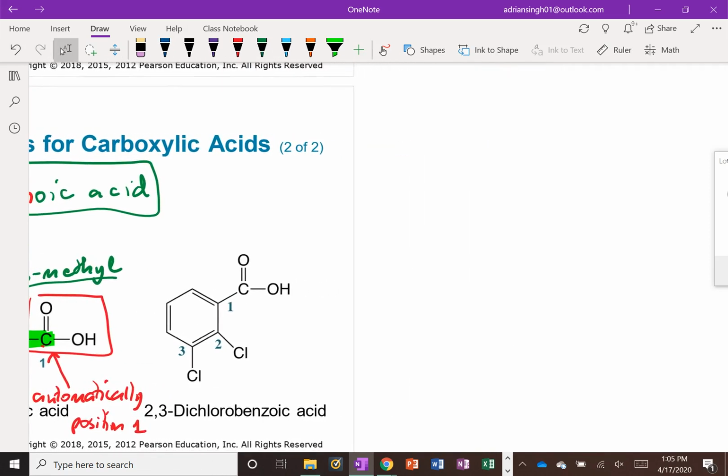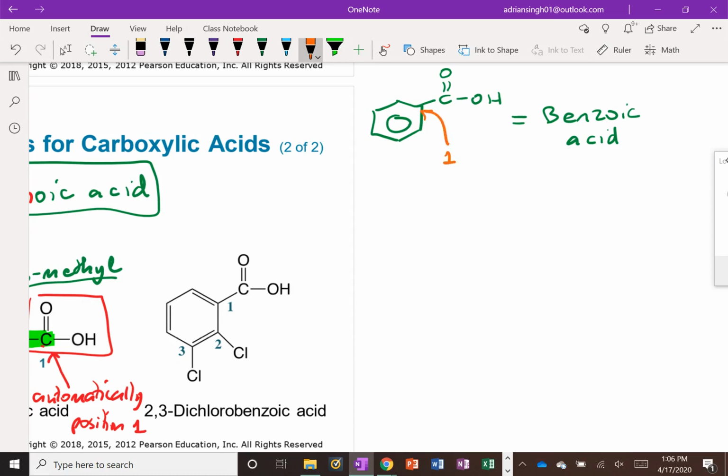Similarly, we saw that when you have a benzene ring attached to a carboxylic acid, right, we said that there's a special name that we give to that. We call it benzoic acid. And what that means is the carbon of the benzene ring that is attached to the carboxylic acid is going to be automatically now position number 1.